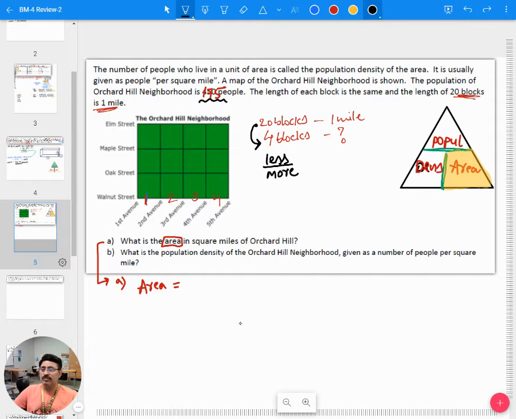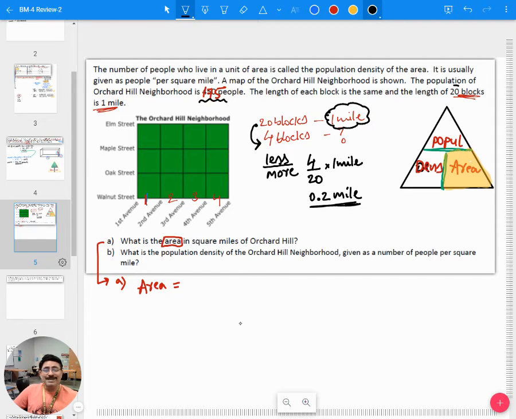Less is 4, more is 20. So 4 over 20 times 1 mile. You may make use of the calculator. You'll get 1/5 or 0.2 mile.